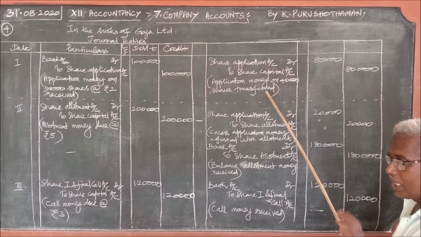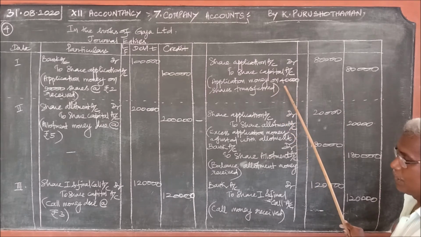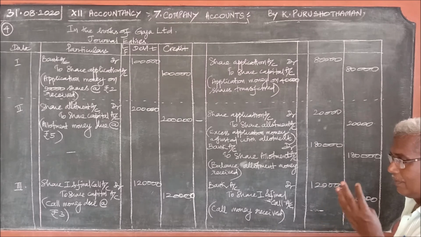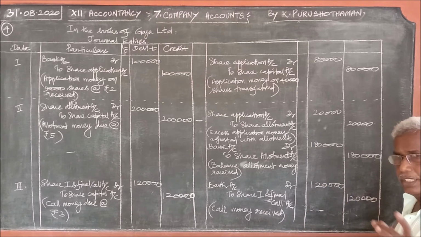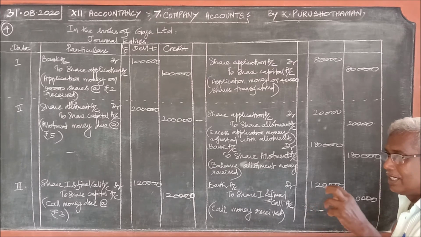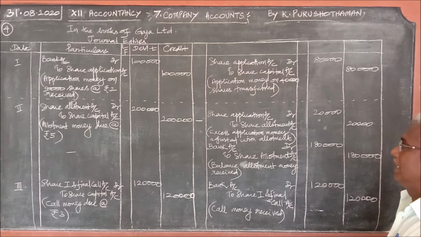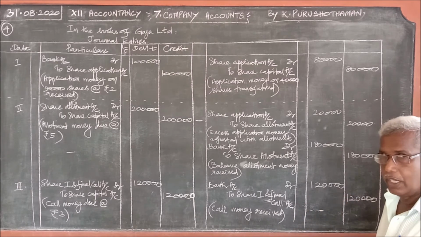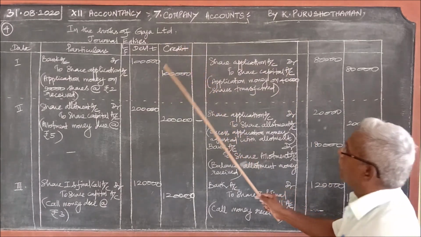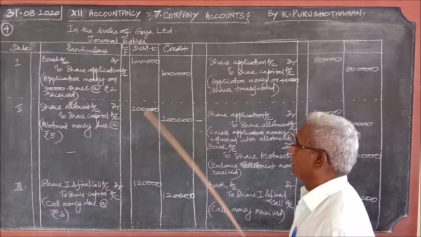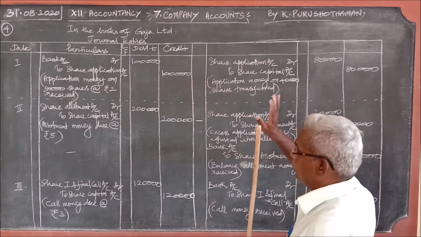When 15 are applied for, 12 will be allotted. That is, it is allotted proportionately. That is why it is called proportionate allotment, in short pro rata allotment. Okay, that is the first case over.